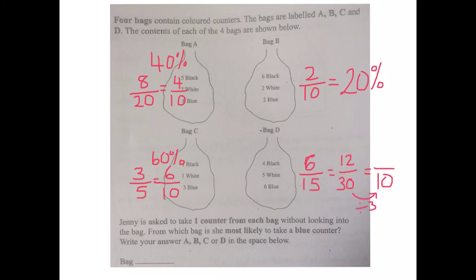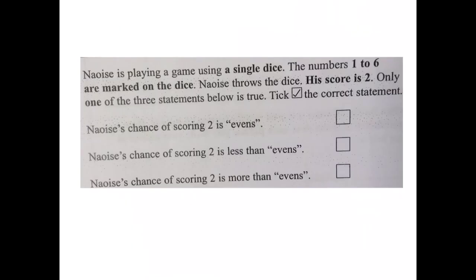So I divide the top by 3 to get 4, meaning that is 40%. 4 tenths is 40%. Now we've got all the percentages, and we have them all in tenths. It's quite obvious and easy to see the bag C is the greatest percentage, the greatest probability of choosing a blue counter.